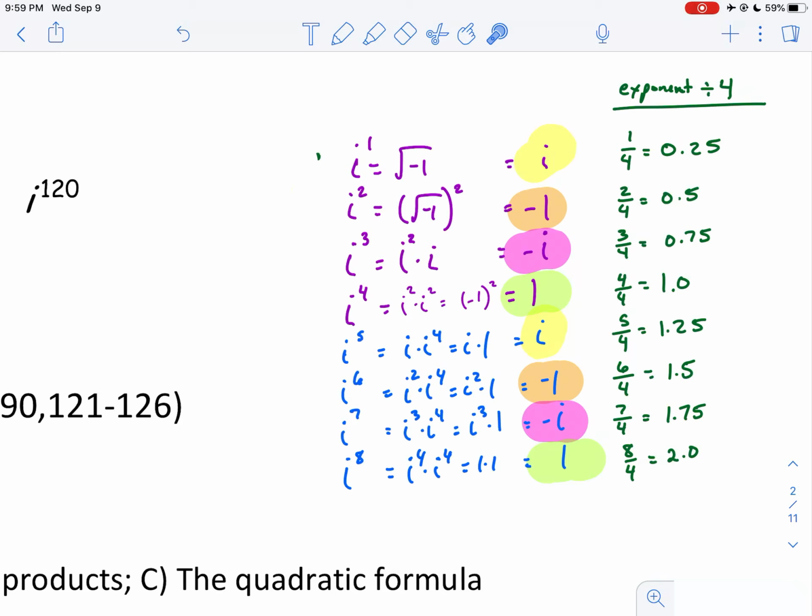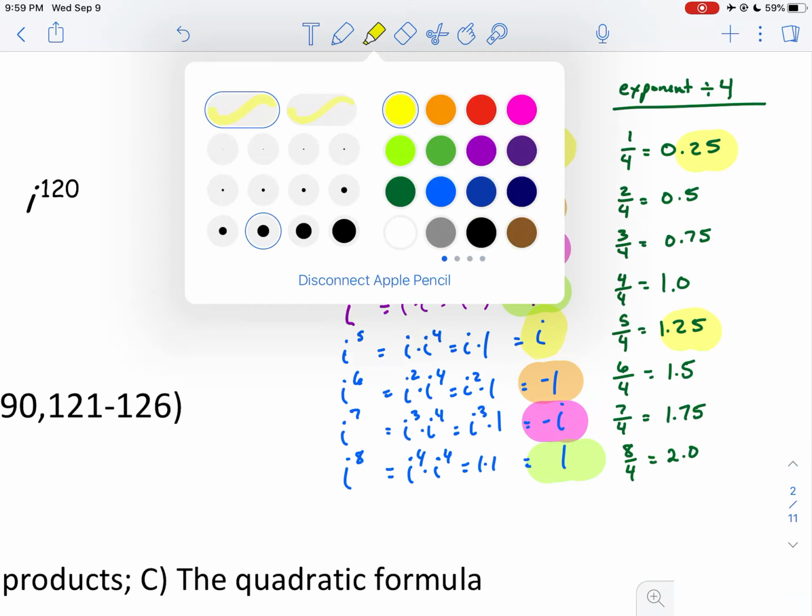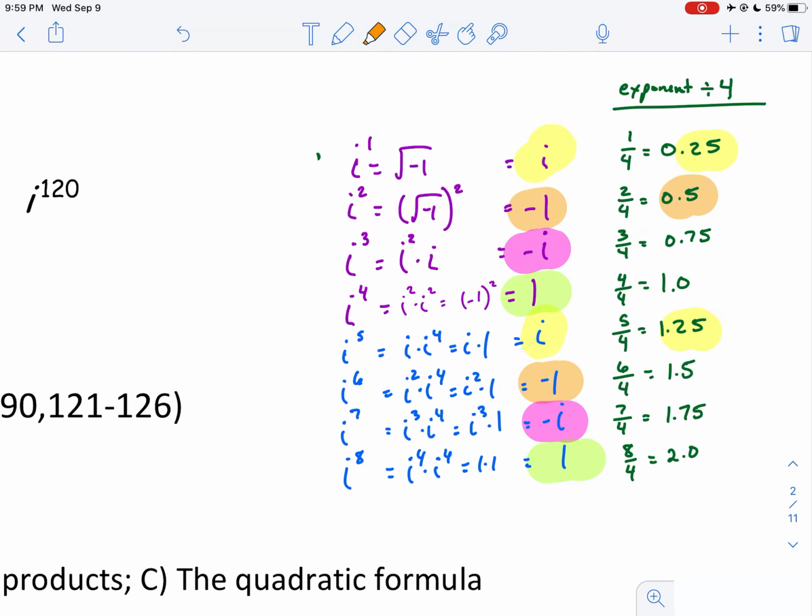You notice you get these decimals: a quarter, a half, 3/4, 1, 1.25, 1.5, 1.75, 2.0. Again, we've got some repeating patterns here. You see that? Every fourth one.